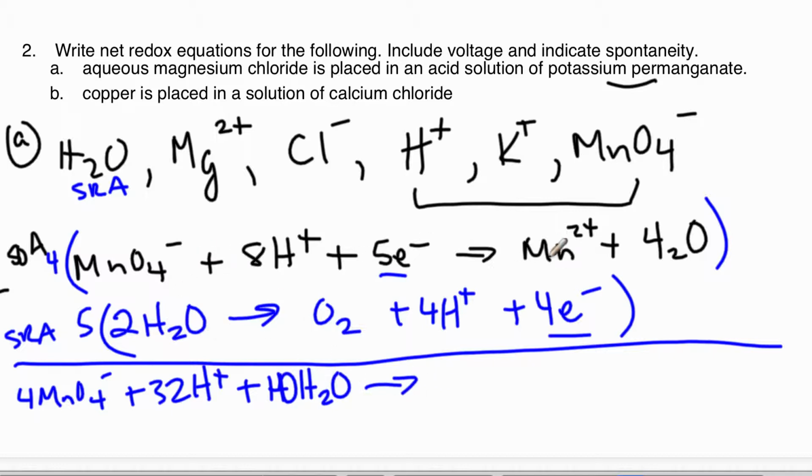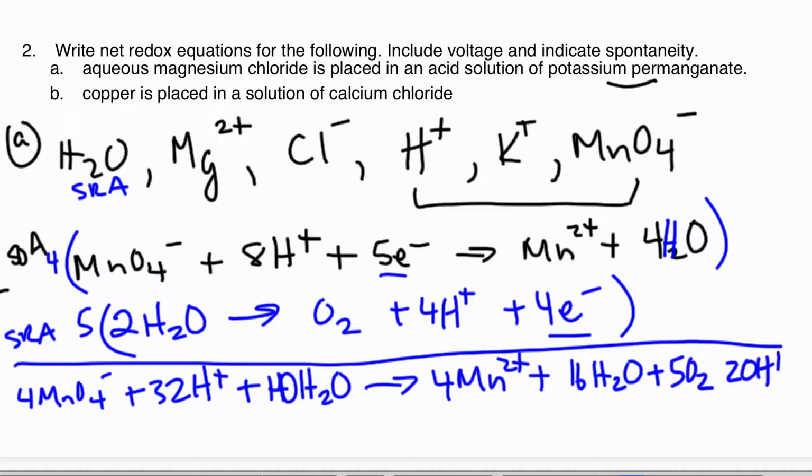The right side: 4 Mn2 plus, plus 4 times 4 waters, which would be 16 waters. And then 5 times that will be 5 oxygens, and 5 times that will be 20 hydrogens, and 5 times 4, that's the 20 electrons, they cancel out.